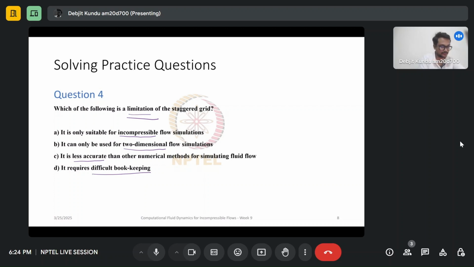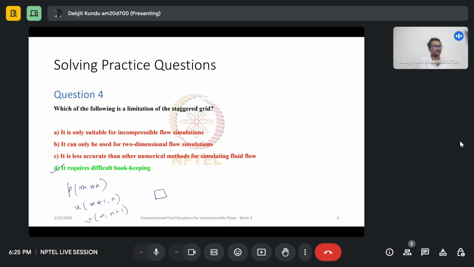Let's take a look at the solution. It's actually option D, that it requires difficult bookkeeping, because as we saw, the variables P, U, and V have different sized matrices, plus on top of that their locations are also different.